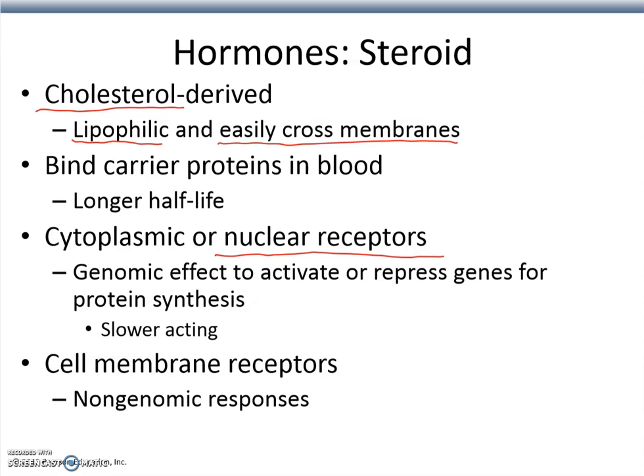I know it says here cytoplasmic or nuclear receptors, but this is what you need to focus on, nuclear receptors. So ultimately, all of the steroid hormones act in the nucleus and they become transcription factors once they bind to their nuclear receptors. So basically, they activate or repress, turning on or off certain genes, and that leads to the cellular response.